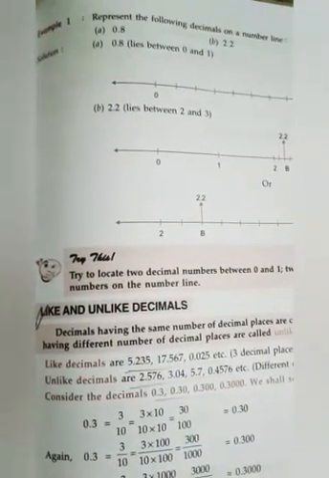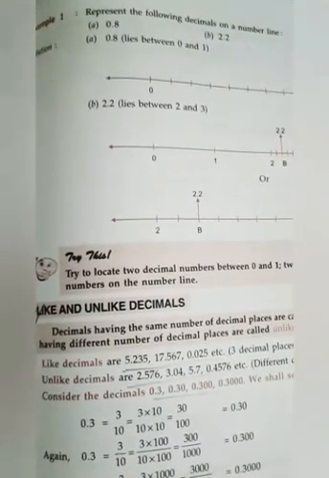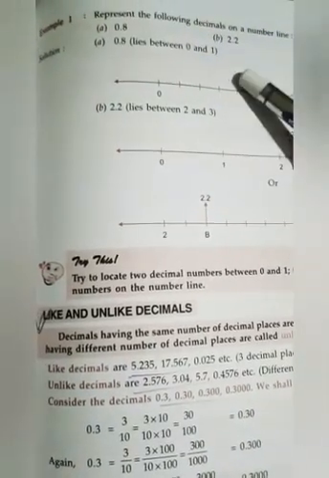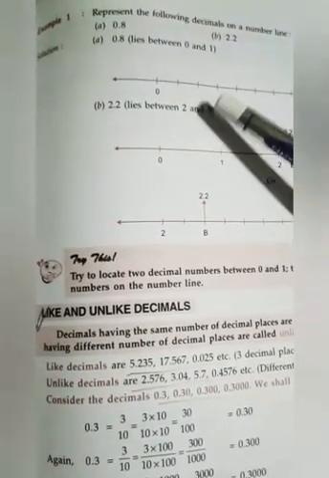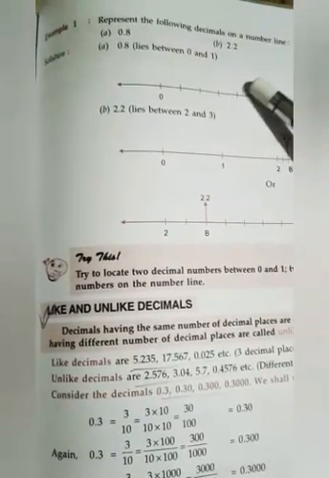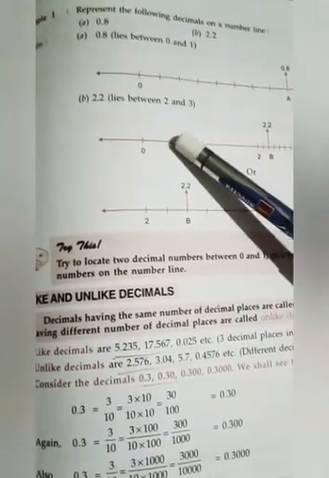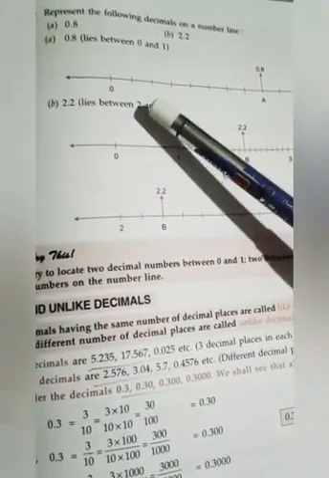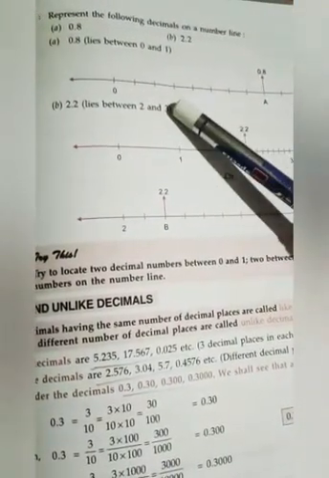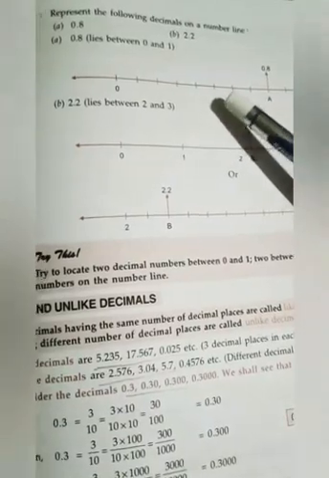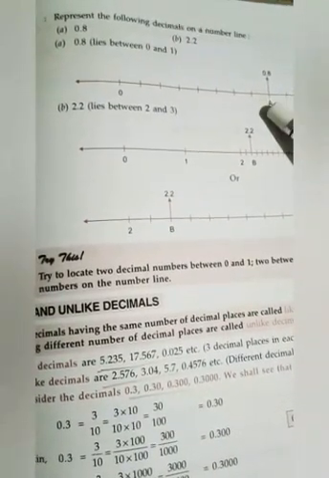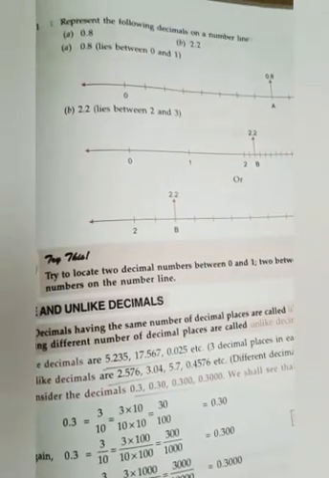Then example 1. Represent the following decimals on a number line. 0.8 and 2.2. 0.8 lies between 0 and 1. So children, you draw 0 to 1. 0, this is 0.1, 0.2, 0.3, 0.4, 0.5, 0.6, 0.7 and 0.8. So this point shows 0.8 on the number line.